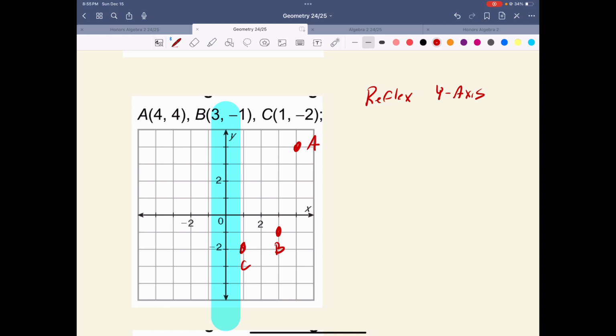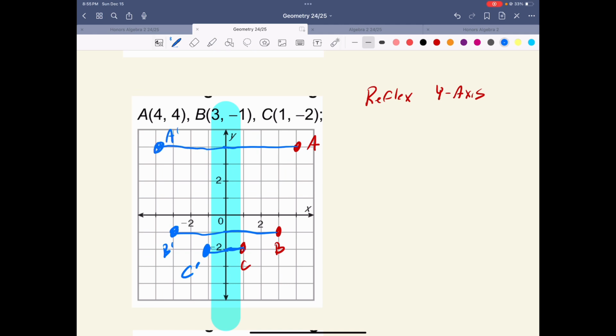So again, remember what it means. I go 1 to that y-axis, and I've got to go another one there, so we'll call that C prime. B is 1, 2, 3, 1, 2, 3. There's B prime. A is 1, 2, 3, 4, 1, 2, 3, 4. There's my A prime.